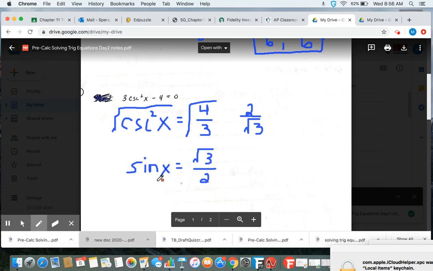All right, so what special angles would have a y value, sine is y, of root 3 over 2? All right, and that would be pi over 3. And where is y positive? Well, it's positive up top in Q1 and up top in quadrant 2. So our answers here would be pi over 3, which we can call our reference angle, right?